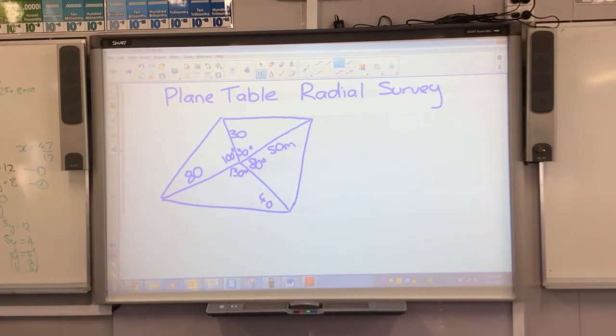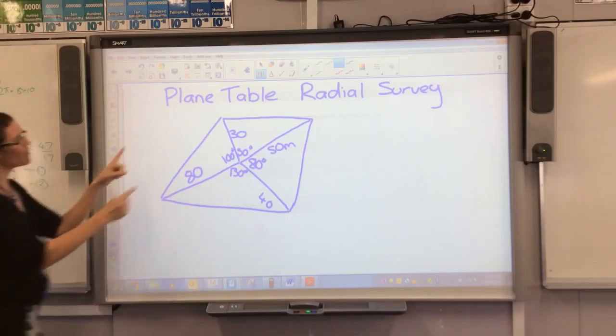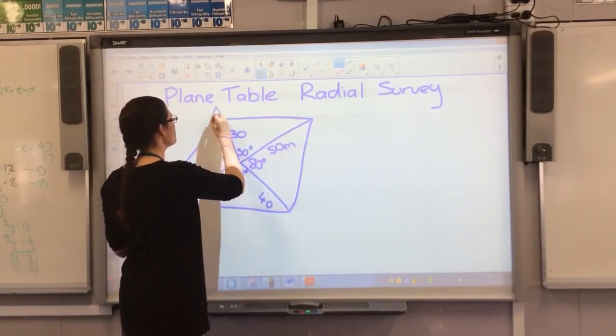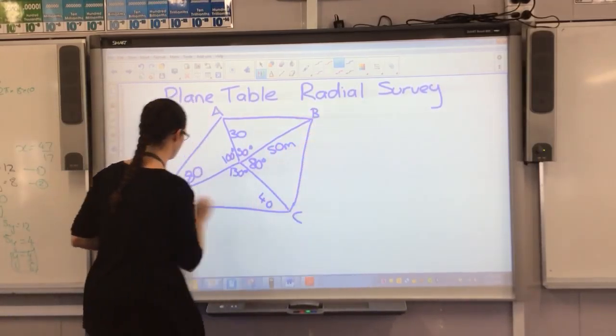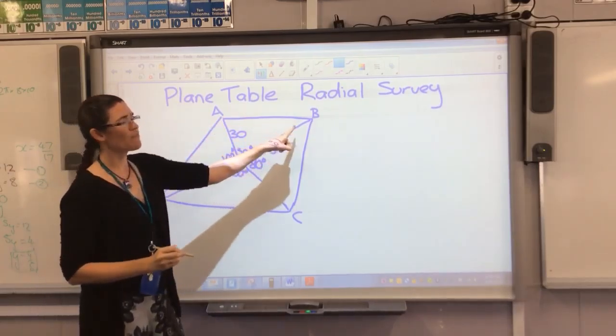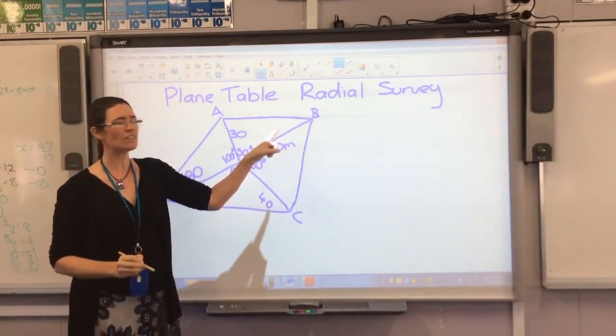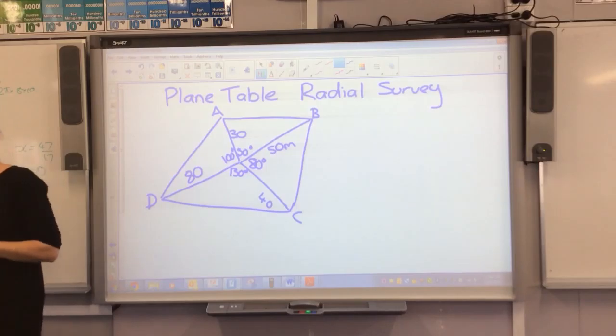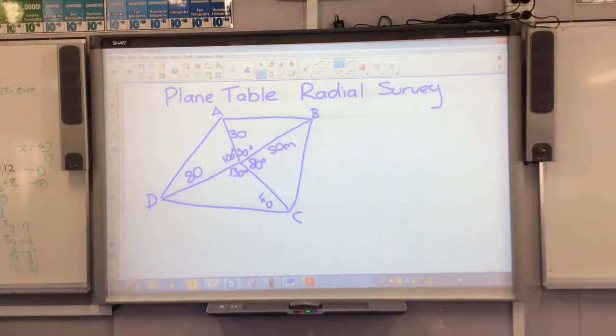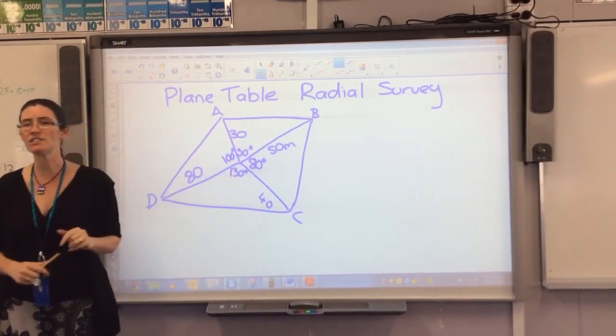From this, I can calculate again the perimeter and the area. Guys, if I'm going to calculate the perimeter, I need to work out each of these distances. Let's give them some letters. Each of these I can calculate using what rule? Okay, so last time I was using Pythagoras. What rule am I using now to find the distance AB?